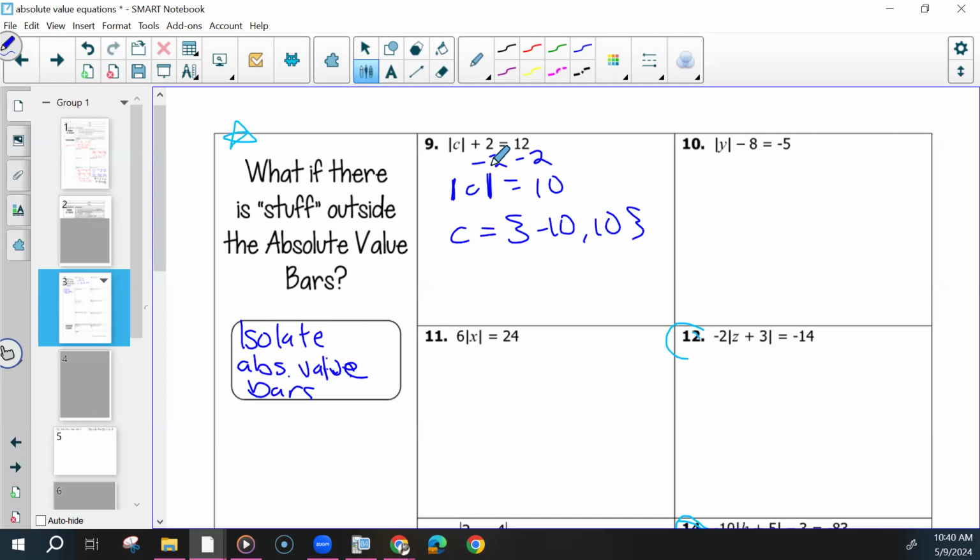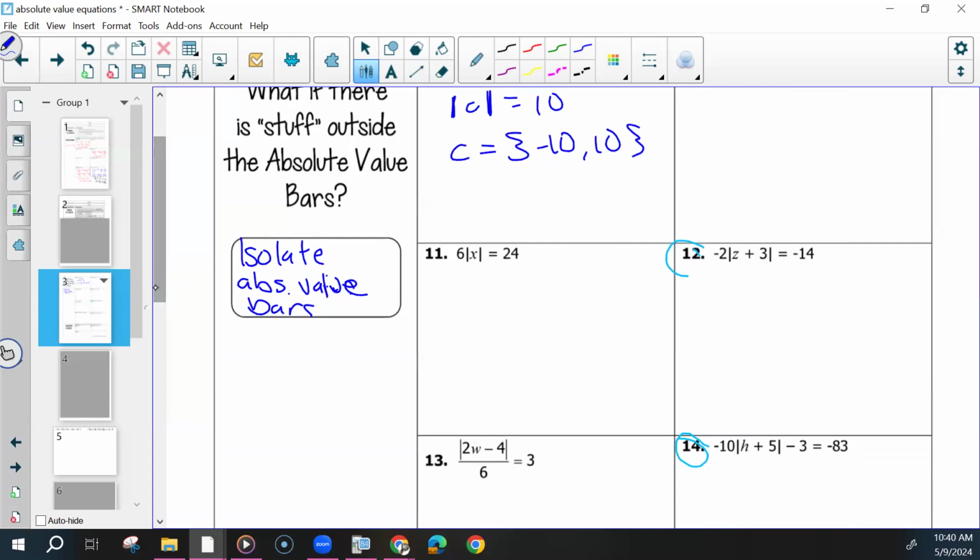For number 11, how would we solve that? By 6. So get rid of that 6 by dividing on both sides. And then it's already isolated, set it equal to a positive and negative, and the answer would be positive negative. What about 12? Divide by negative 2.